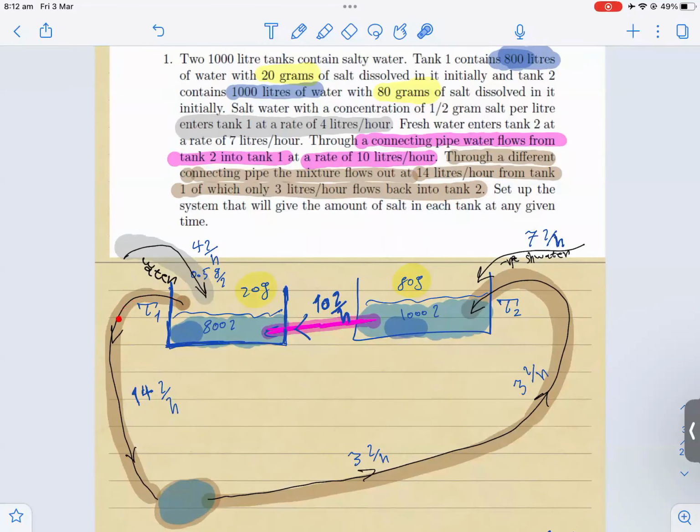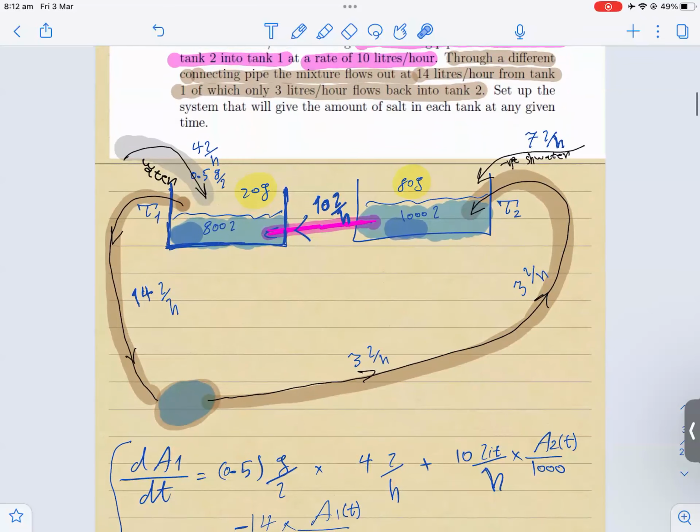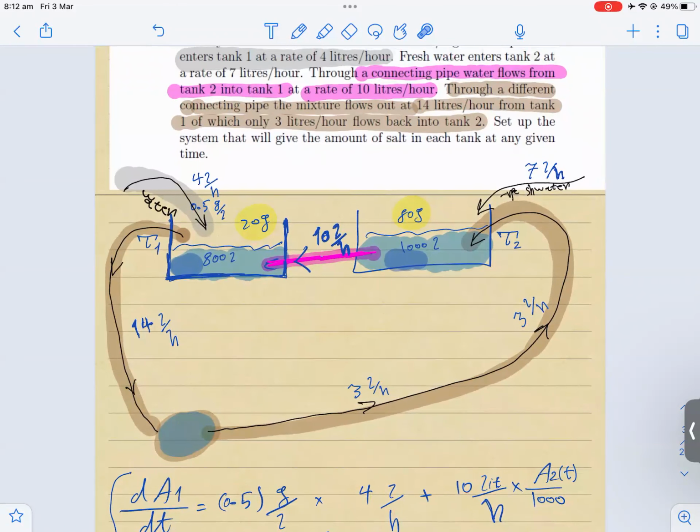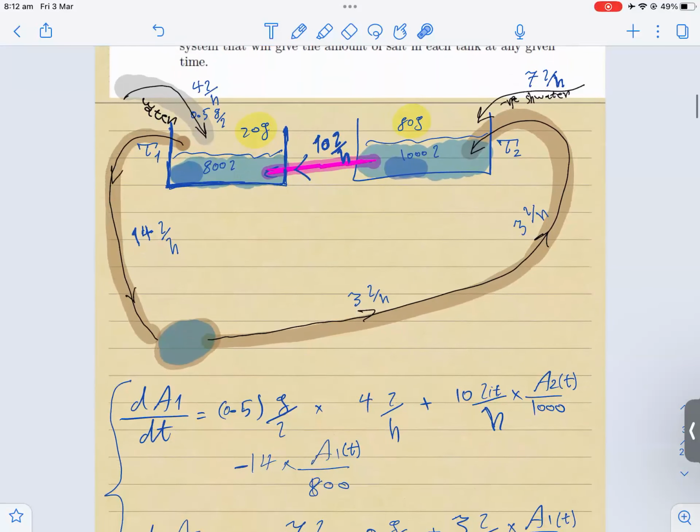You see that T1 goes outside 14 liters, and after that, with a lower speed of 3 liters per hour, it goes back to tank 2. Okay, this is most of the question. The rest is easy because we have a good picture from the question.